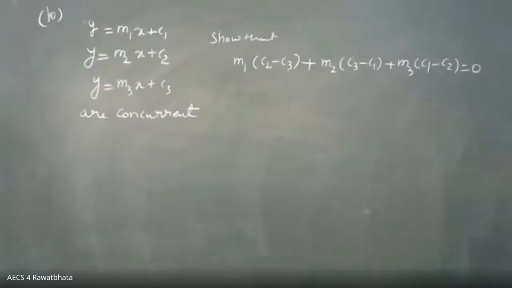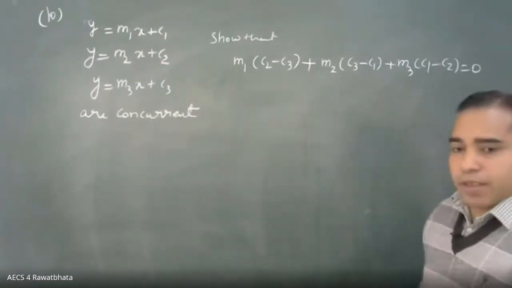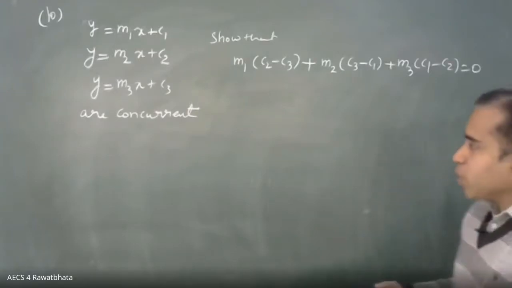So, sir, area will be 0. Can be done. Concurrent means what? This I am asking. What is the meaning of concurrent? Devanshi or any student? What is the meaning of concurrent?